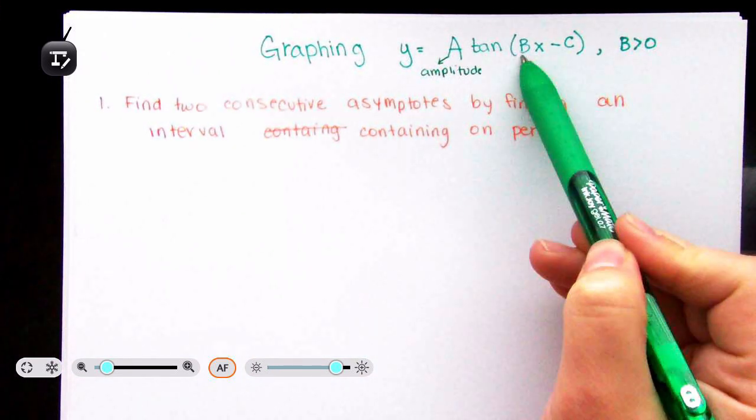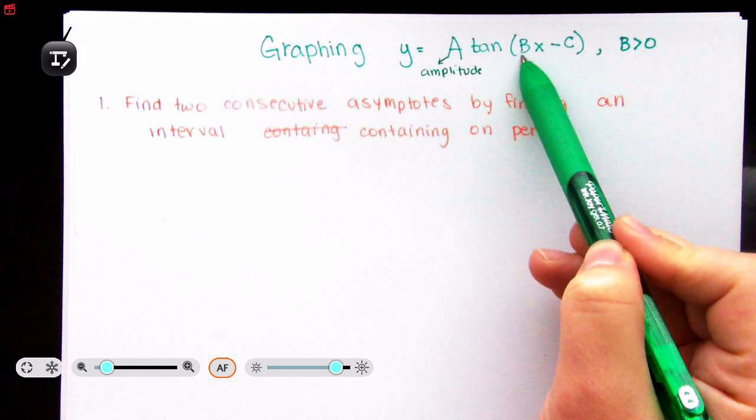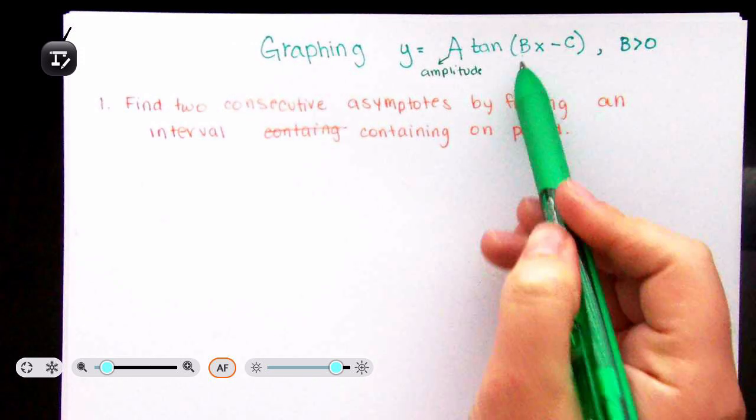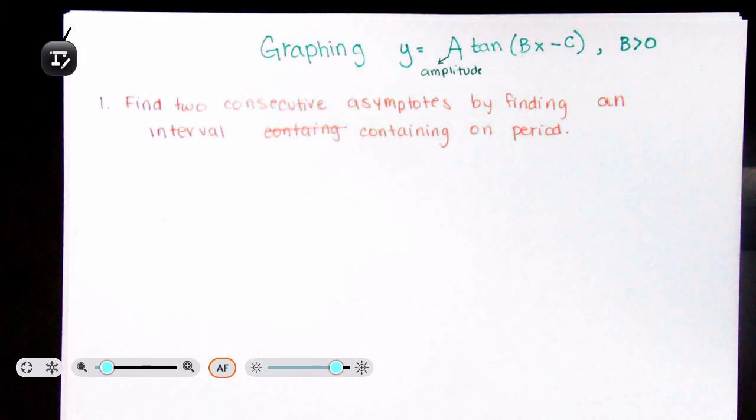Previously, we talked about B being used to find our period. I'm actually going to omit that while graphing tangent, and I'm going to show you a different way to use this information here. So the first thing is we're going to find consecutive asymptotes by finding an interval containing one period.